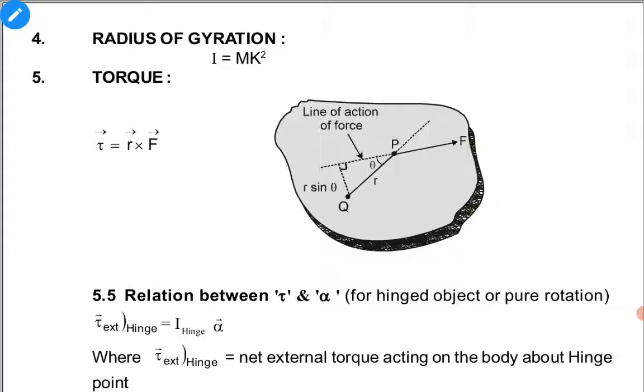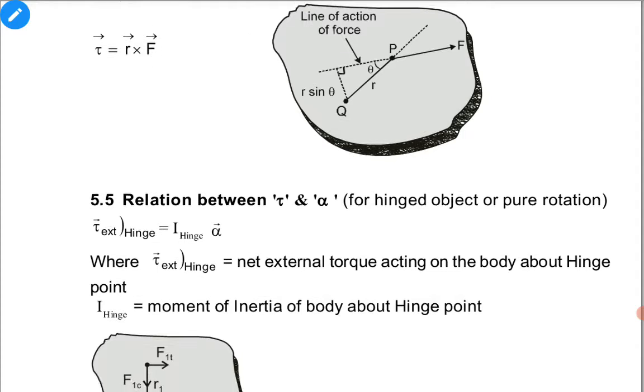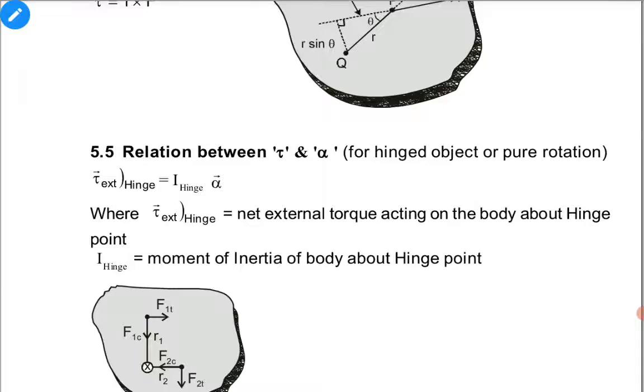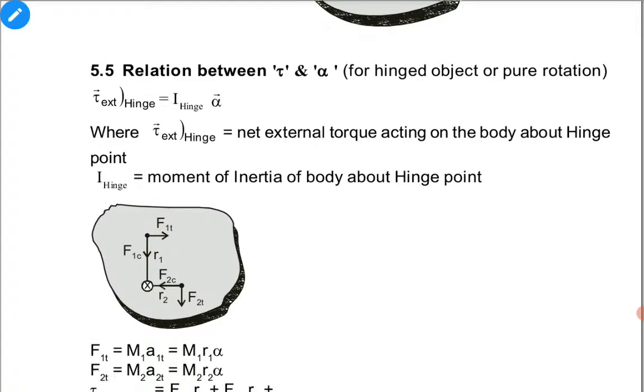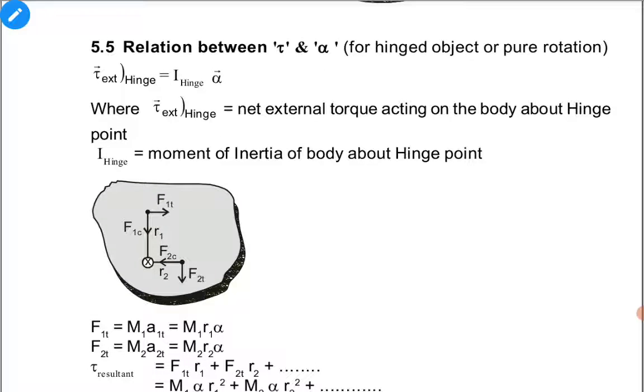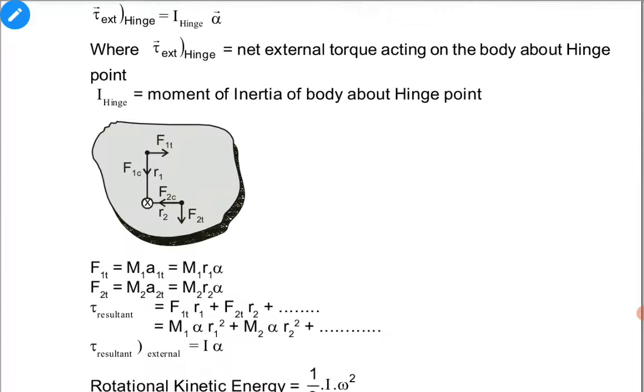Torque, tau equals r cross F. Relation between torque and alpha, that is angular acceleration, for hinged object or pure rotation: external torque about hinge equals moment of inertia about hinge into alpha, where external torque hinge equals the net external torque acting on the body about the hinge point, and I hinge equals the moment of inertia of the body about the hinge point.